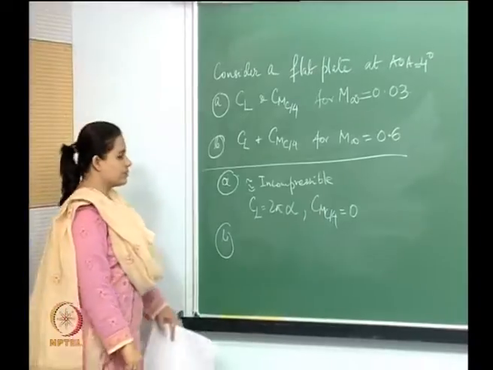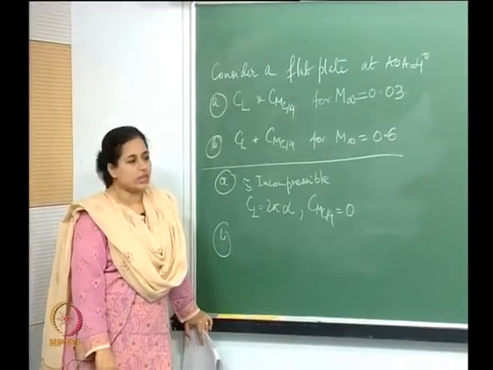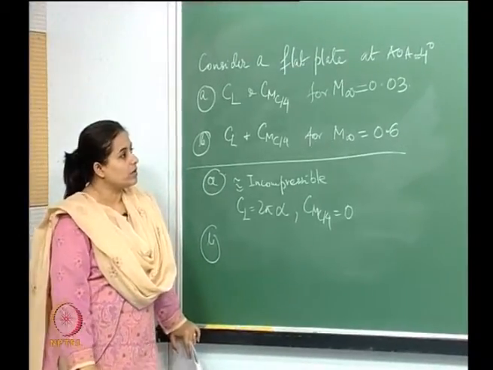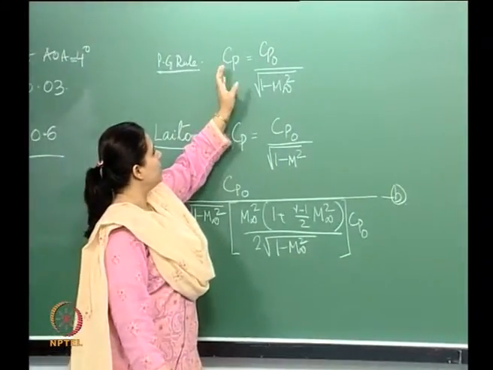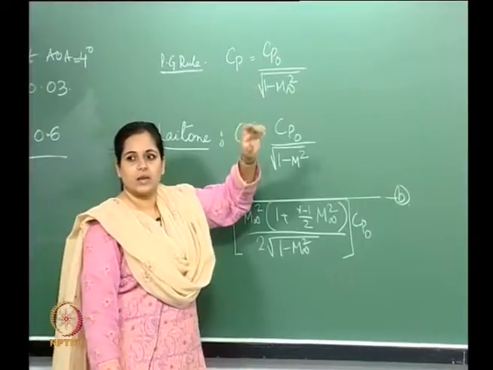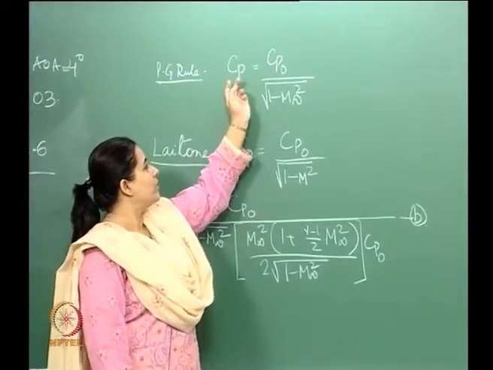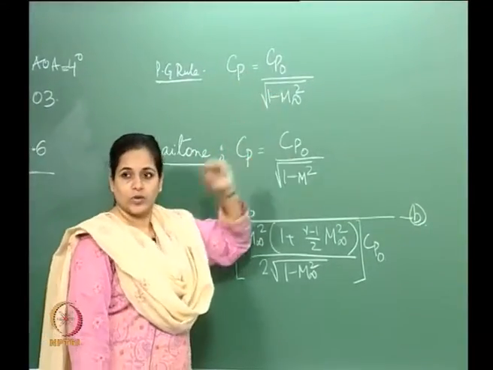How will we do this? If you remember what we did last time, the Prandtl-Glauert rule gives us a relationship between the CL and CM of the compressible and incompressible flows as well.